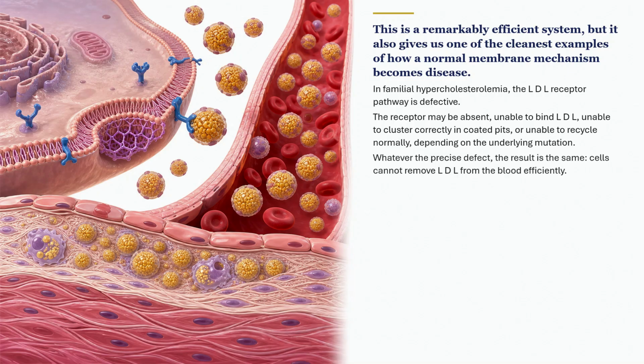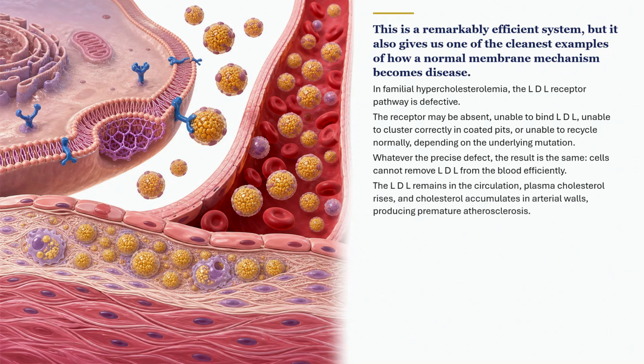Whatever the precise defect, the result is the same. Cells cannot remove LDL from the blood efficiently. The LDL remains in the circulation, plasma cholesterol rises, and cholesterol accumulates in arterial walls, producing premature atherosclerosis.